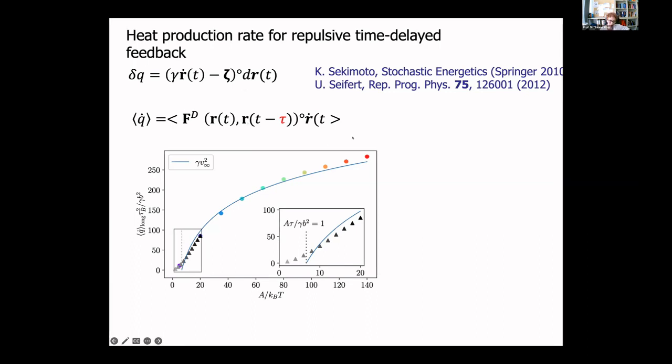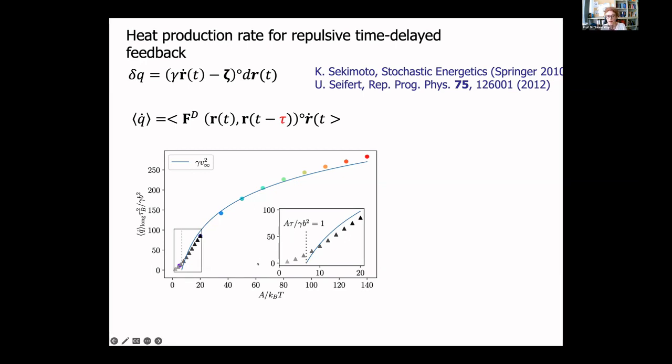The data I'm showing here are just numerical data for this long-time dissipated heat as a function of feedback strength. This vertical dashed line marks the onset of persistent motion in the deterministic case.